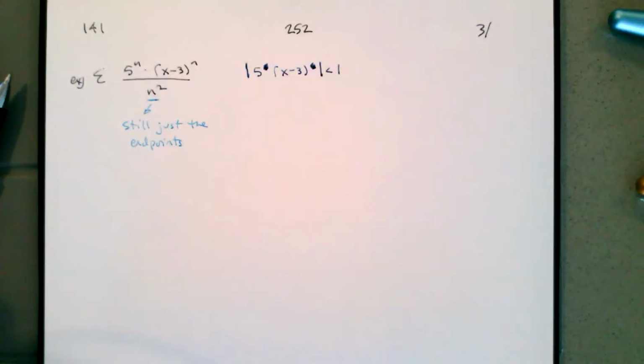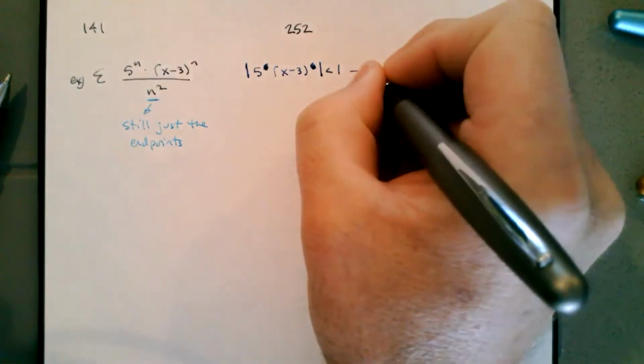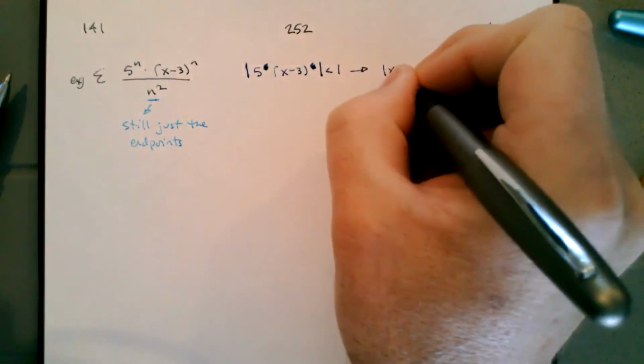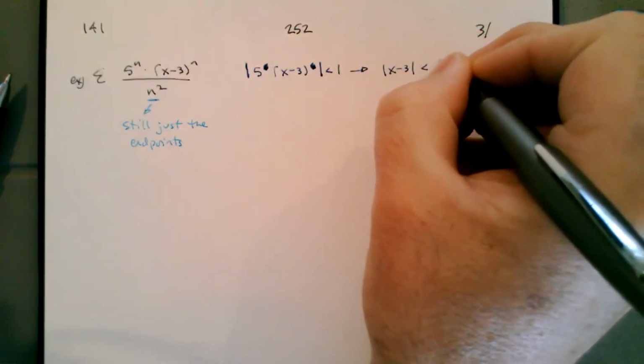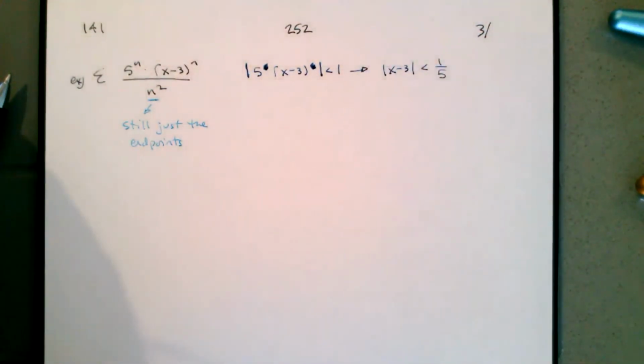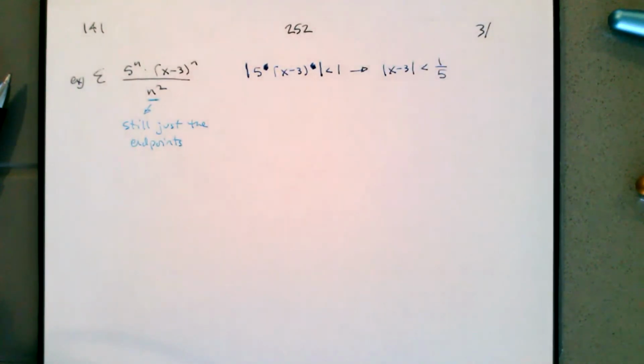Then if we solve for x minus 3, the absolute value of x minus 3 has to be less than 1/5. So we got a radius of convergence of 1/5 because the 5 to the n was in the numerator.